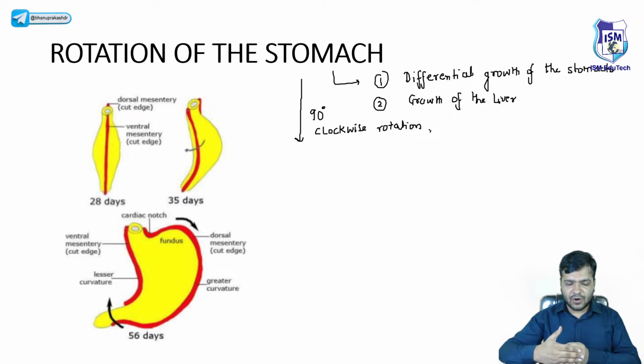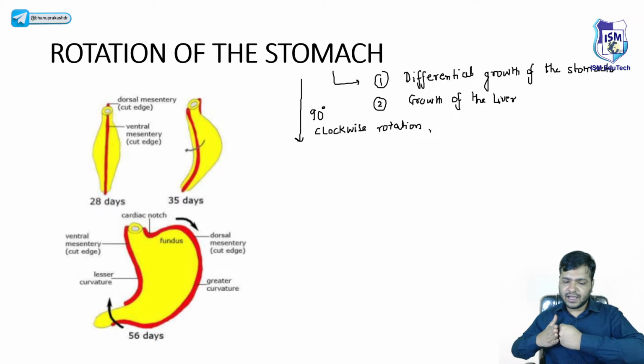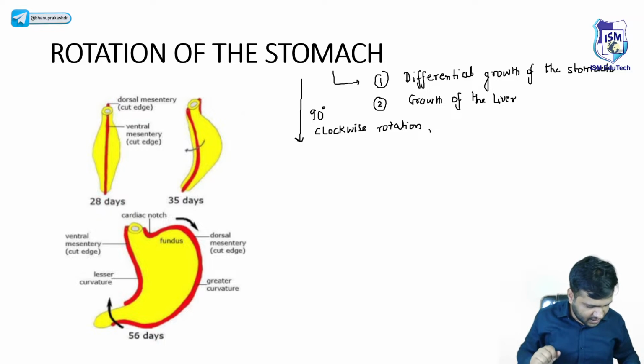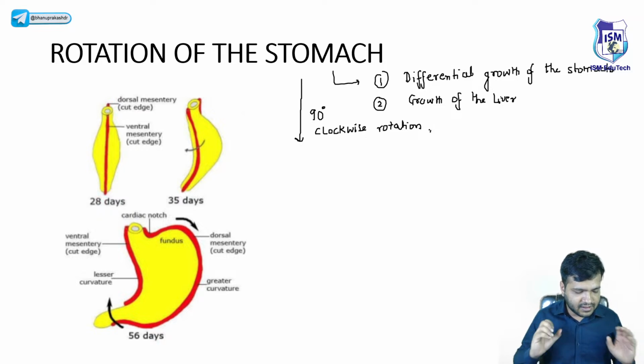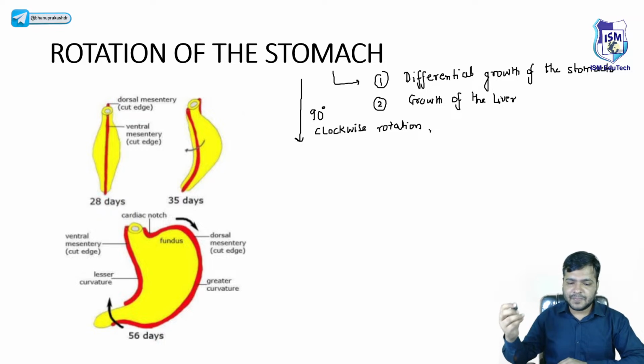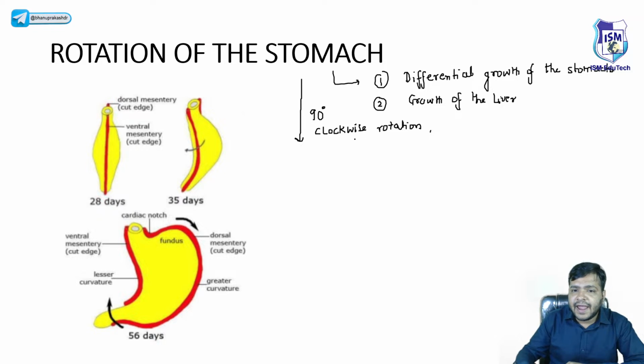So the anterior border will become the lesser curvature, and the posterior one will become the greater curvature. So yes, it is a 90-degree shift, okay. So remember, guys, the 90-degree clockwise rotation is actually taking place if we talk about the longitudinal axis.